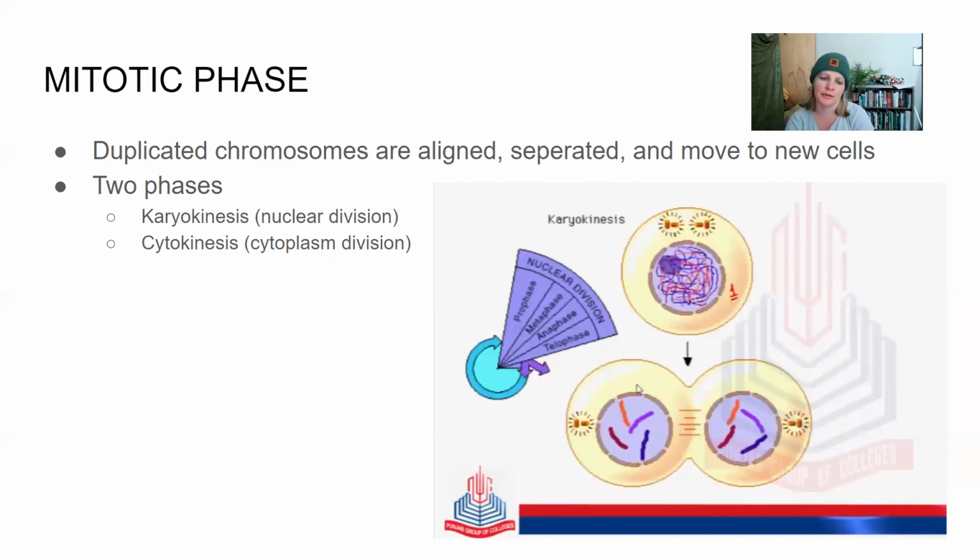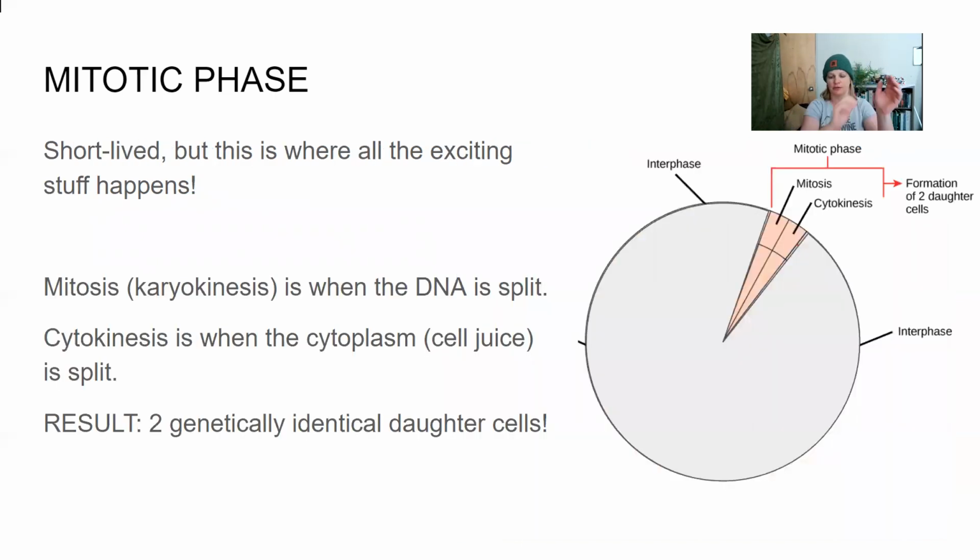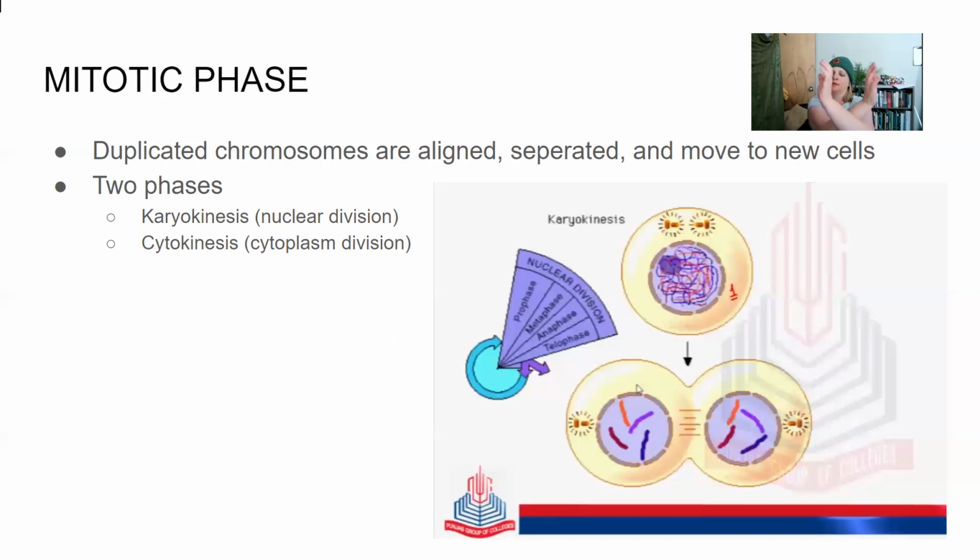So basically what's happening here is that those duplicated chromosomes, we've got our two chromosomes, each made up of two chromatids attached at the centromere. They're going to be aligned, separated, and moved into two cells. The mitotic phase is broken up into two parts. We have karyokinesis, where we actually have the movement of the chromosomes.